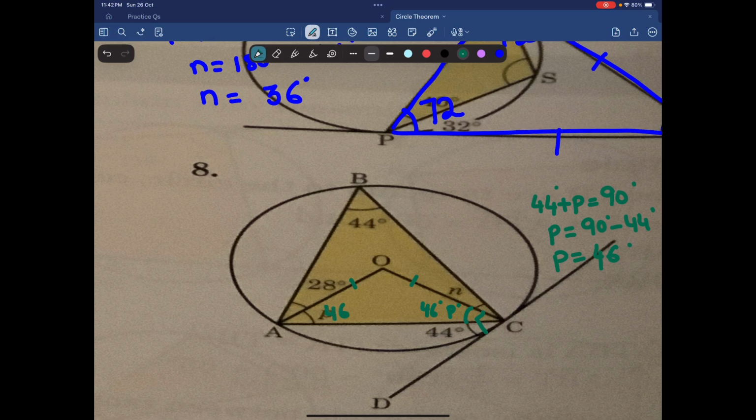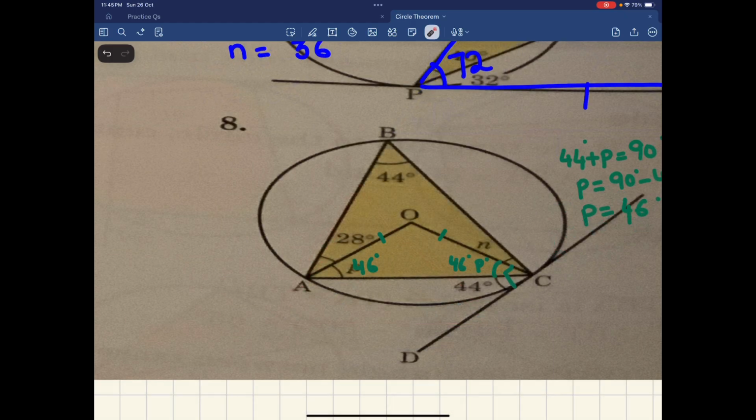Now we need to find the value of N. So we are going to look at triangle ABC. We have this angle as 28 plus 46, the second angle as 44 degrees, and this is 46 plus N. So we need to find the value of N. Let's formulate the equation for the sum of interior angles, which sum up to 180.